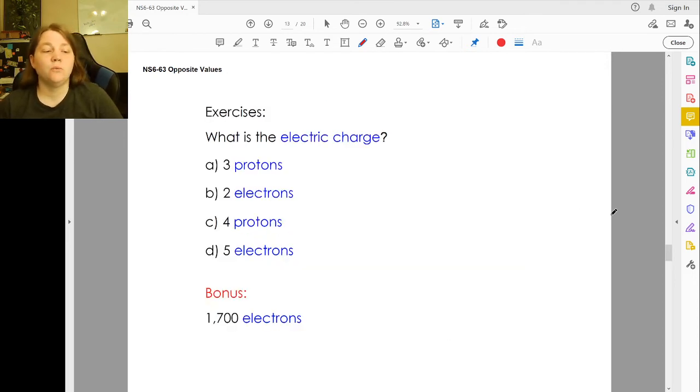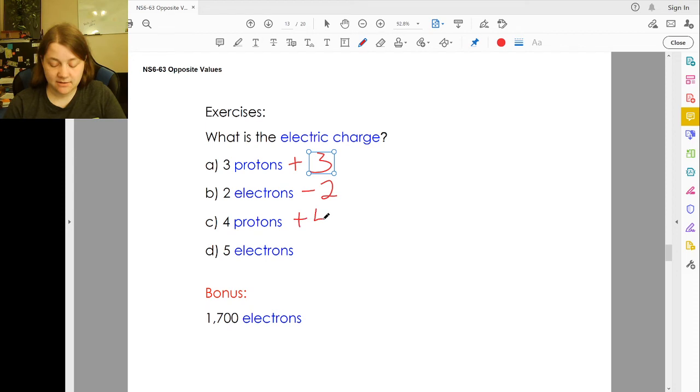So if I want to know what is the electrical charge here, 3 protons would be 3 charges in the positive direction. 2 electrons would be a charge of negative 2. 4 protons would be a charge of +4, and 5 electrons would be a charge of -5. We could also figure something out like 1,700 electrons, which would be -1,700.